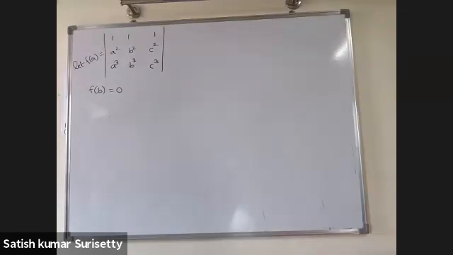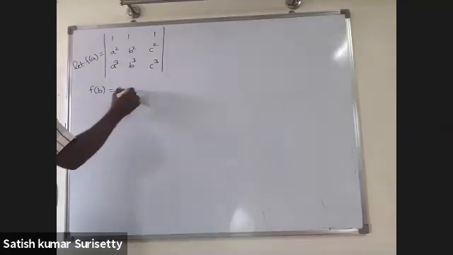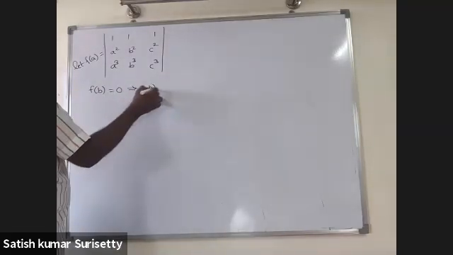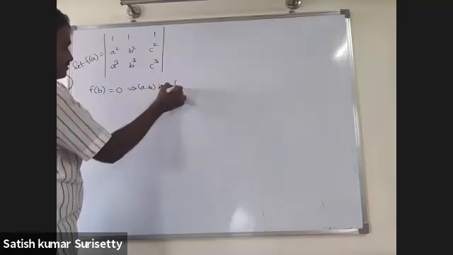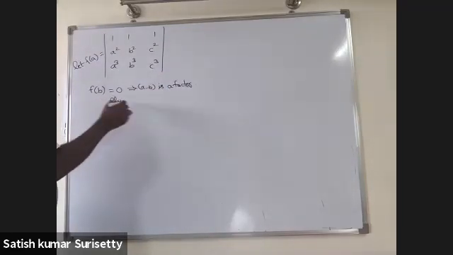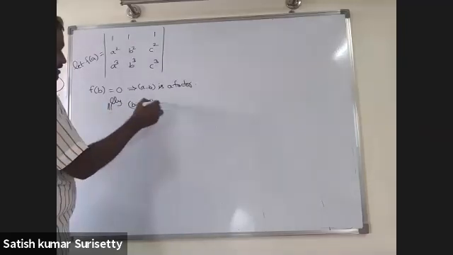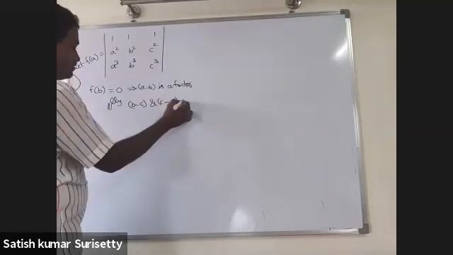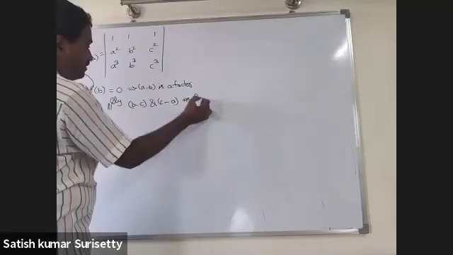You replace wherever a is there with b. So you can conclude that a minus b is a factor. Similarly, b minus c and c minus a are also factors.